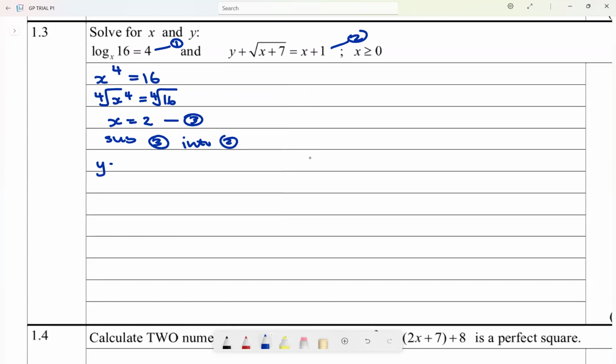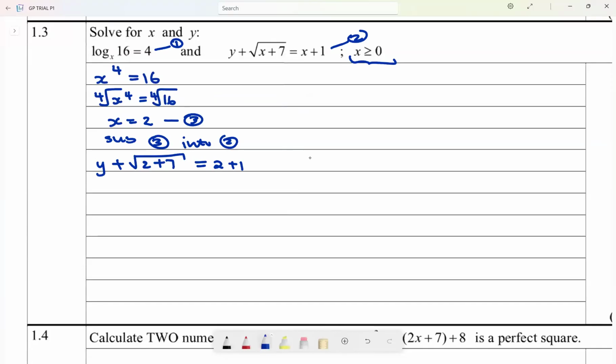So I'm going to say y is equal to square root of x plus 7. Where I see x, I put 2 plus 7. Okay, and then it is equal to, where I see x, I put 2 plus 1. And then they are telling me that x is greater than or equal to 0. Okay, so that condition should be met.